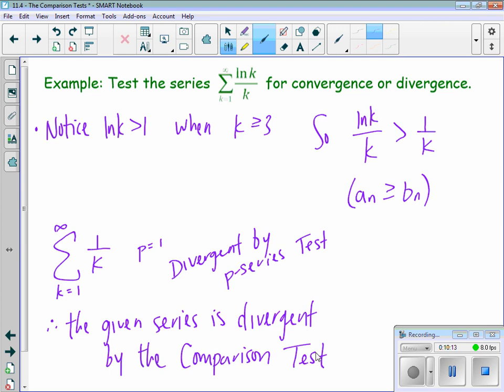Okay? And sometimes, I mean, most of the stuff in like 11.4 is going to be comparison test. So maybe you just didn't choose something to compare it to that's appropriate, you know? Like you get better at it as you do more of them, obviously. Otherwise, there's a limit comparison test that we're going to move to that you'd try next. But once we get to where there's all of them, you might just move to one of the different tests from a different section or something. Okay, any other questions on this page?